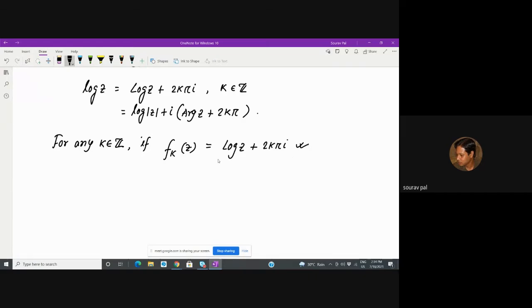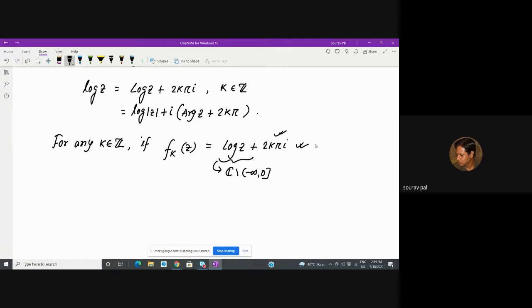So we have seen that this portion is well defined on C minus this. If you remove the negative half of the x-axis, so this is well defined here, and this is just a constant.